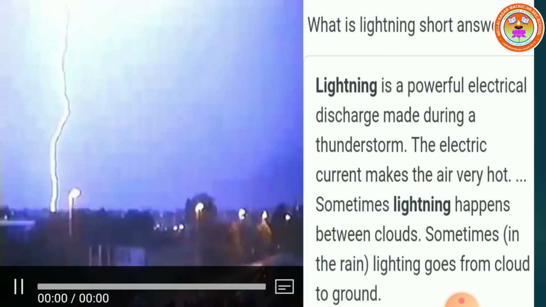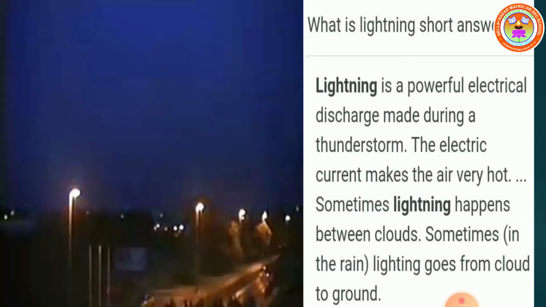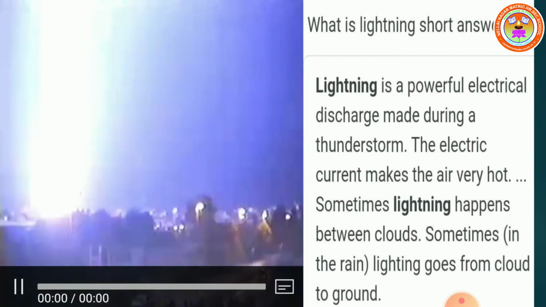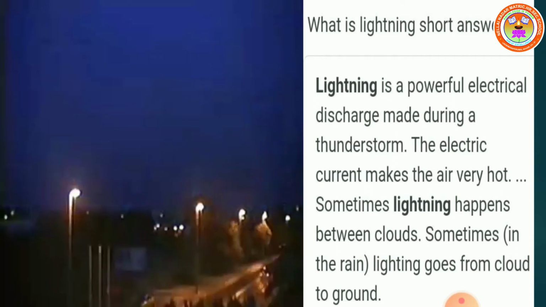What is lightning? Lightning is a powerful electrical discharge made during a thunderstorm. The electric current makes the air very hot.